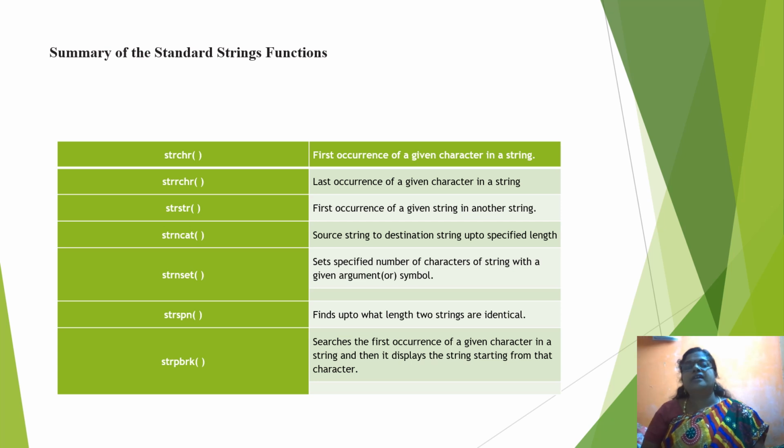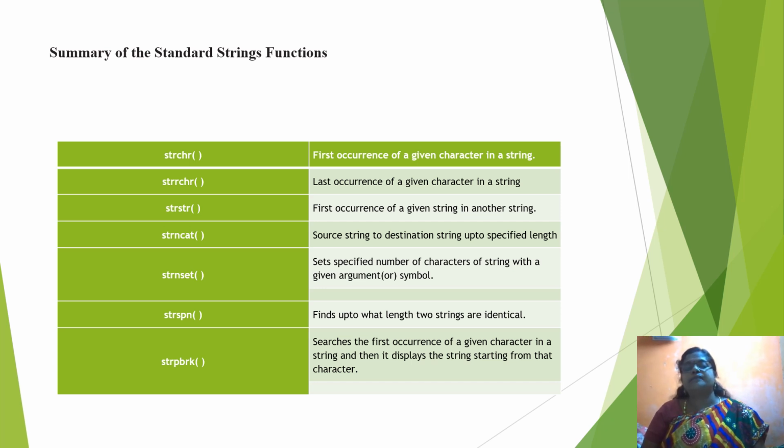The strrchr function finds the last occurrence of a given character in a string. The strstr function finds the first occurrence of a given string in another string. The strncat function appends the source string to the destination string up to a specified length.